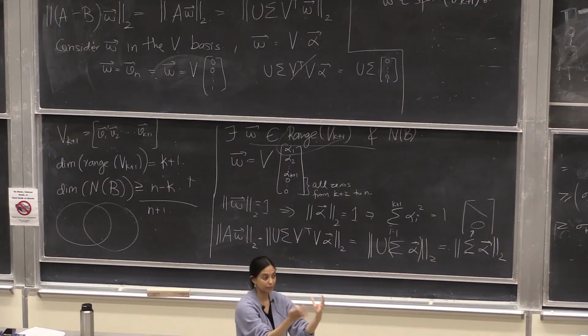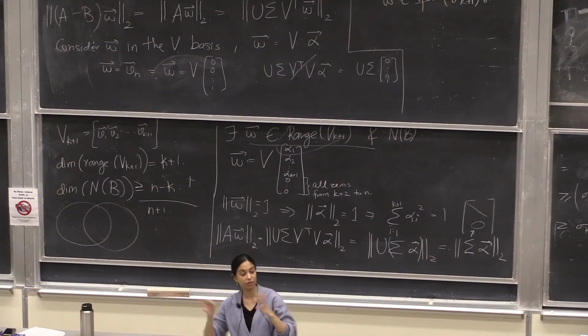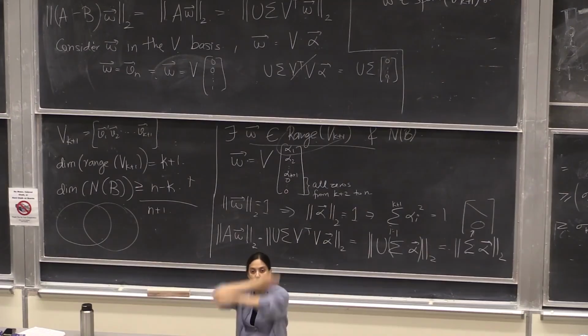I want to be able to pull out that vk plus 1. But just considering vk plus 1 is not big enough, so I augmented it to look at the entire span of v1, v2, all the way up to vk plus 1, so that I can ensure that these two vector spaces overlap. There exists my unicorn w that allows me to then go through the computation.